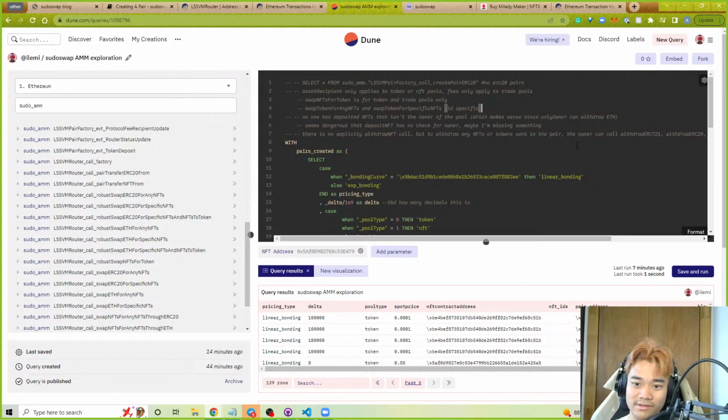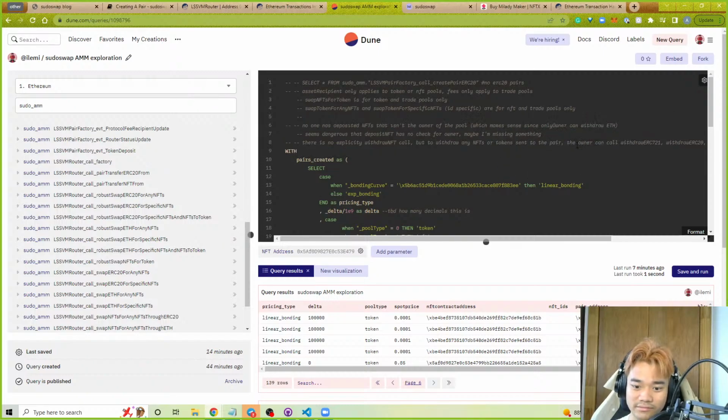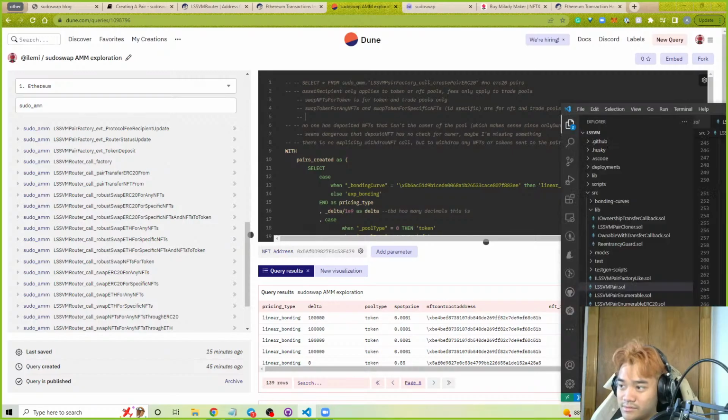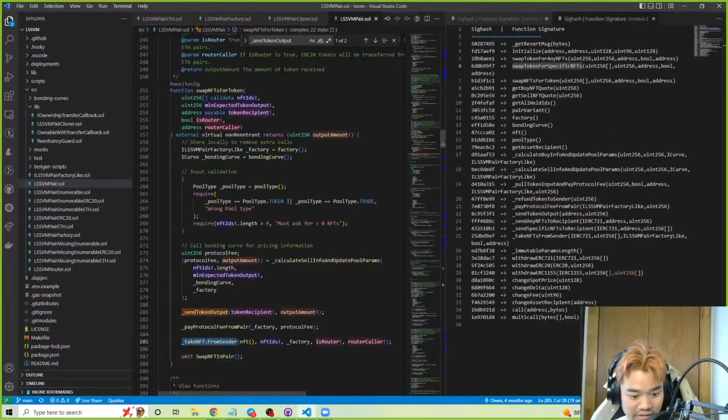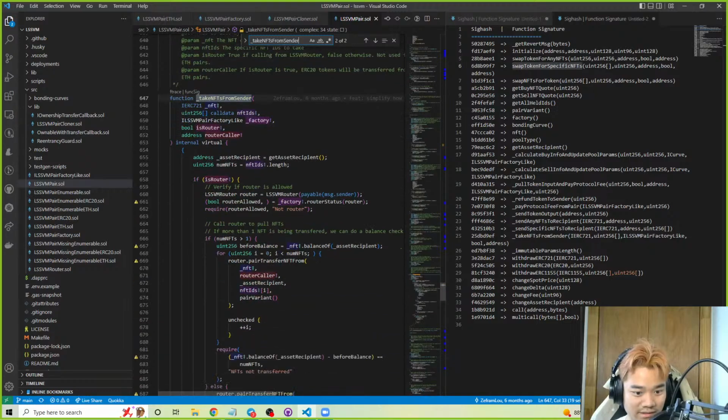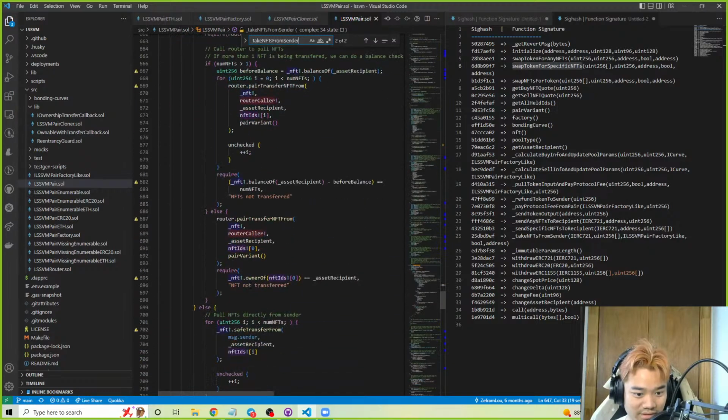IDs specific are for NFT and trade pools only. Where are the tokens sent? Take NFTs from sender. All right, so here we have take NFT from sender, which I would expect based on pool type.